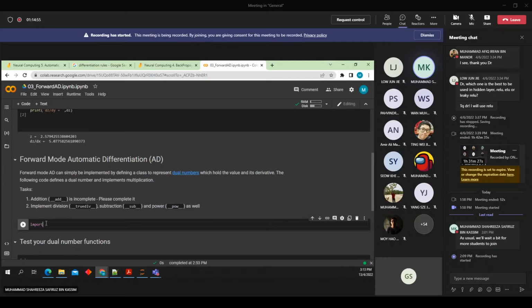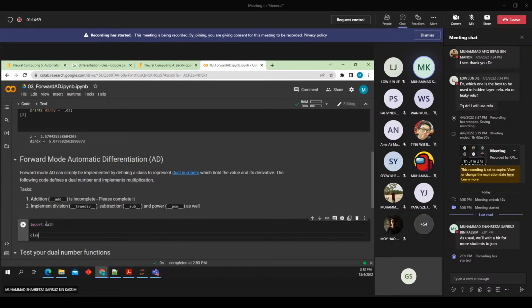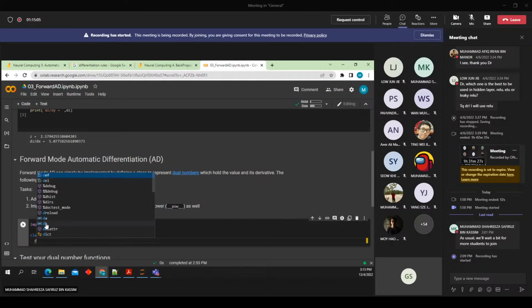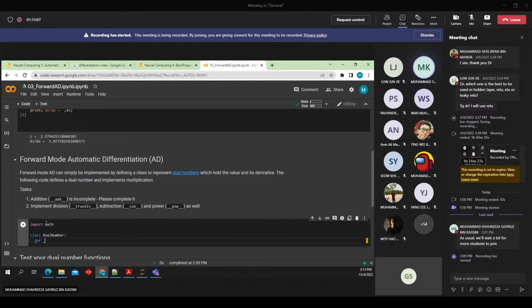So we want to define x as a dual number. We'll use a class, and we'll name the class DualNumber, and we'll define it with self, value, d value. So d value is your derivative.